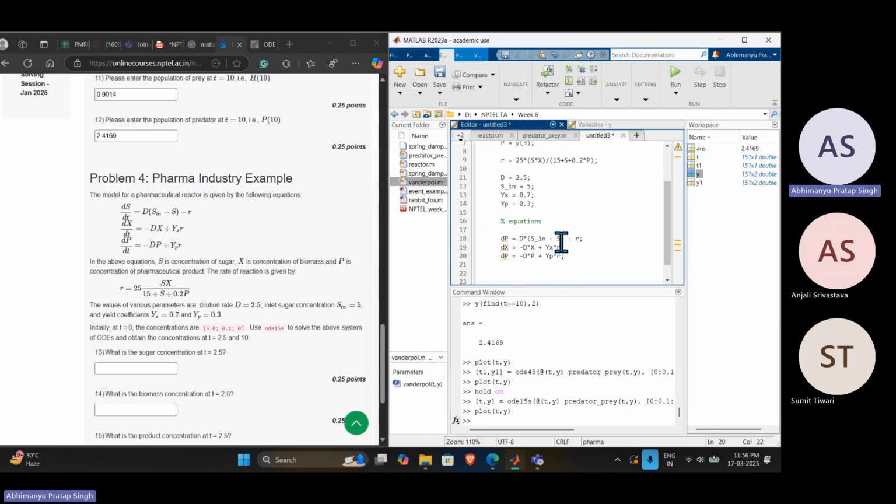But now since I am outputting dy, I need to make sure that my output is dy only. So dy is equal to, and it should be a column vector.